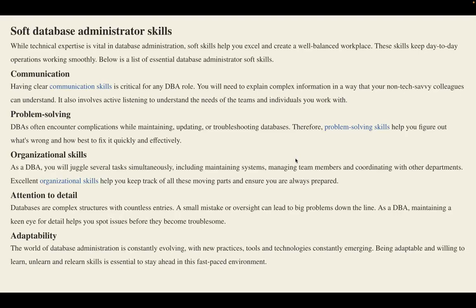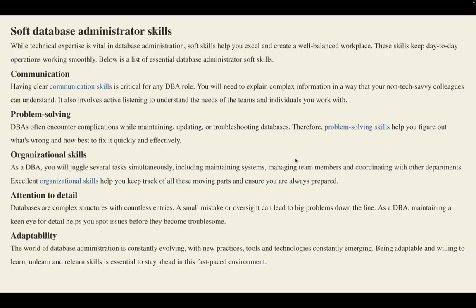These skills keep day-to-day operations working smoothly. Below is the list of essential database administrator soft skills. So these are just the basic ones like communication, problem solving, organization skills, attention to detail, and adaptability. These are all the skill sets needed in order to administer the database on the soft side.